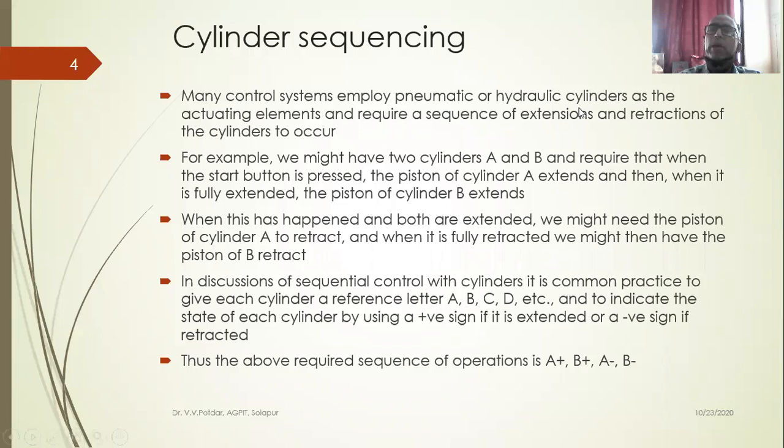When I have a sequential operation, let us take the case of a hydraulic press which is pressing sheet metal. Unless and until the sheet metal comes under the punch and die, and unless and until it is clamped, the punch should not move. This is my logical requirement.